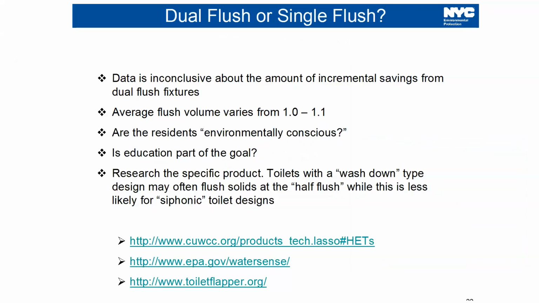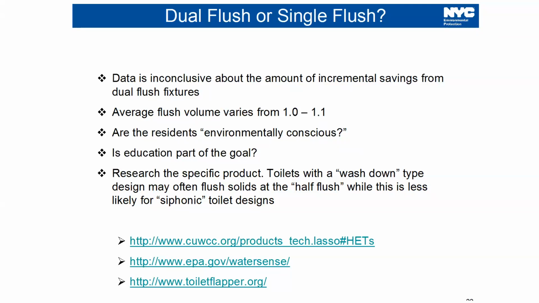And although the homeowner or the client may learn to use the buttons and which button is for the smaller flush and which is for the larger flush quite easily, any visitors, if this is in a more public bathroom, maybe a powder room, might be confused and they hit one flush, they wish they had hit the other, and then they hit it too, and now you've used more water than you would have with just a standard toilet.